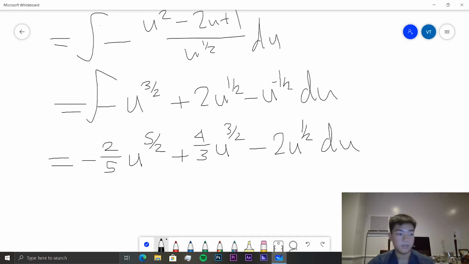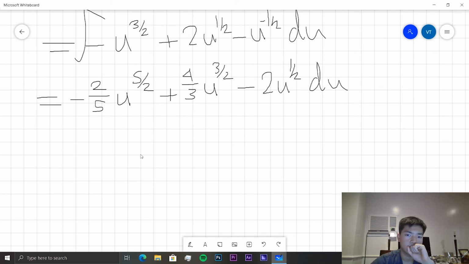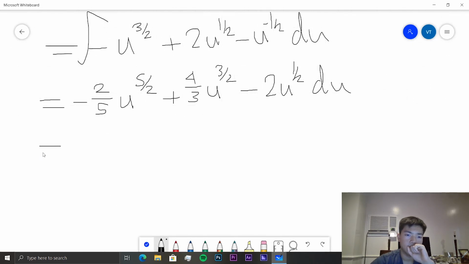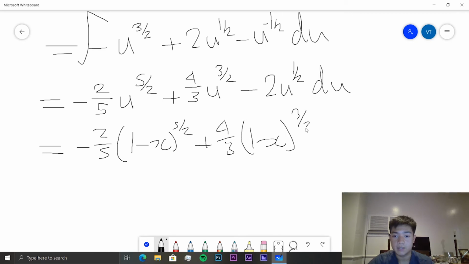It would seem like this, and then that should be equal to, is it just this? Negative 2/5 (1 minus x) to the 5/2 plus 4/3 (1 minus x) to the 3/2 minus 2 (1 minus x) to the 1/2.